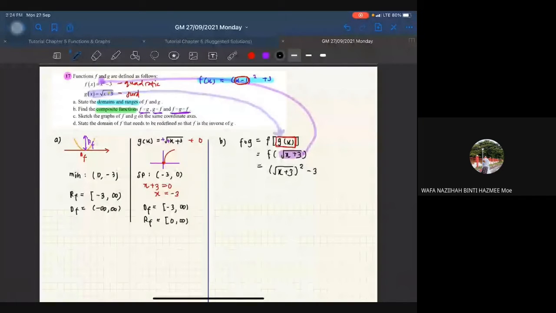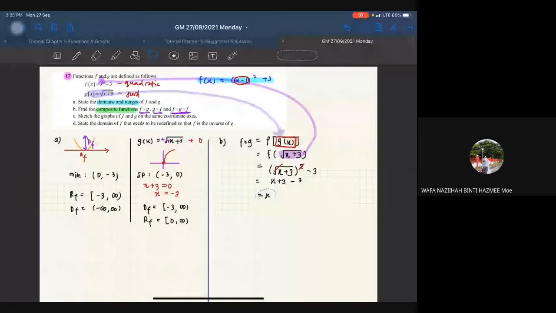Okay, so what is your answer here? We have square root inside and then we have square at the outside. Okay, so this one will be cancelled out. So you only have x plus 3 and then minus 3. So this will give you just x. Like this. Okay, so settle the first part.